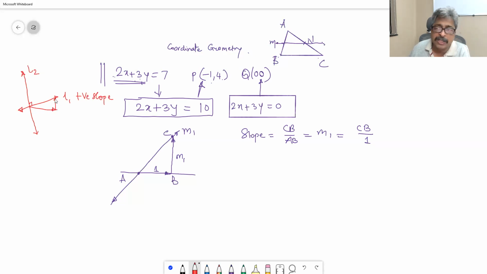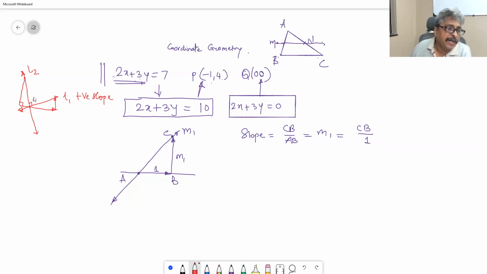So this arrow is in the positive direction of the y-axis, this arrow is in the positive direction of the x-axis. However, from here to here, if you go 90 degrees, you will get a right angle triangle like this, and then this side upon this side is going to be your slope.